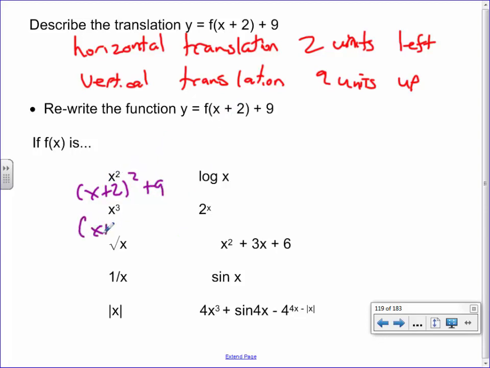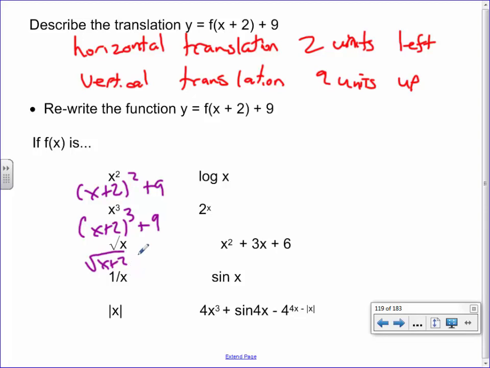So this next one here would be x plus 2, cube it, add 9. Okay, square roots. We haven't learned those ones, but how would this one work? Take a stab at it. Yeah. The x plus 2 still has to be under the square root sign.